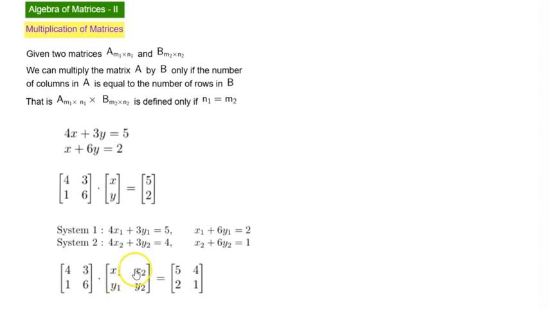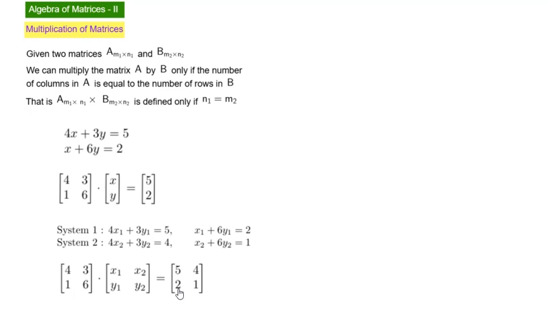So again, if we have to revert back to this system of equations, how would we do that? We would take 4 times x1 plus 3 times y1 is equal to 5. Then 1 times x1 plus 6 times y1 is equal to 2.